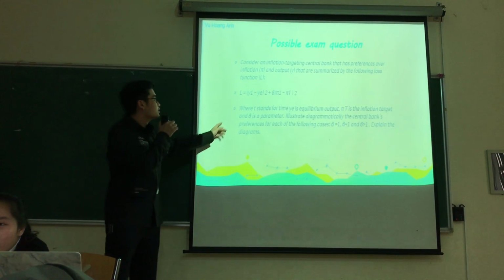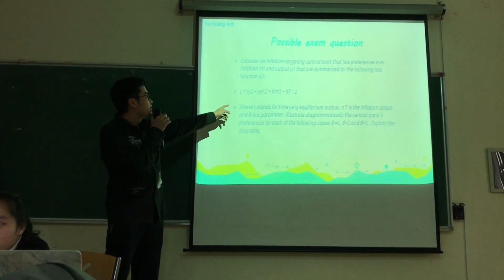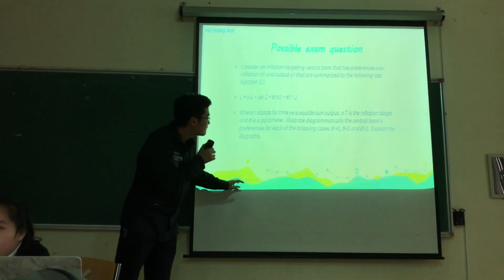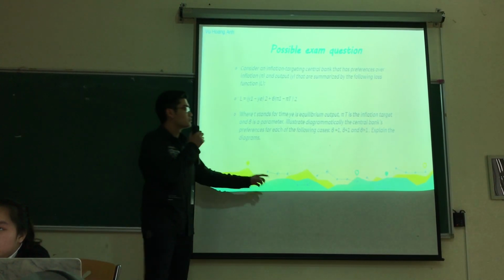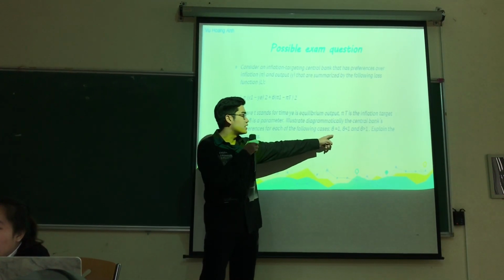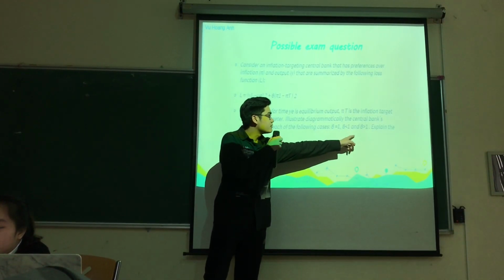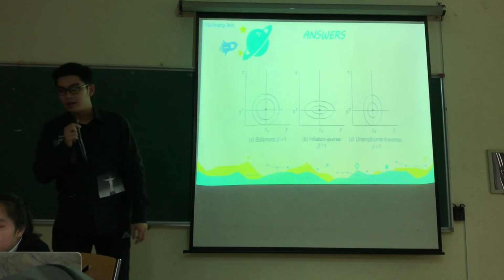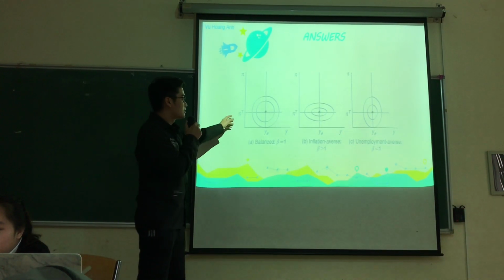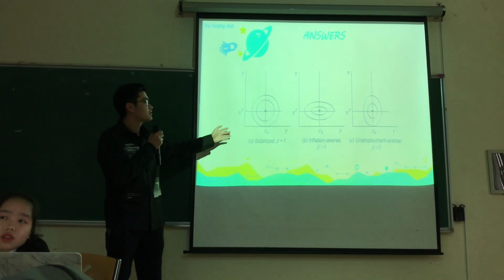We have the equation here. Then we must answer for three solutions: first, beta equals 1; second, beta is smaller than 1; and third, beta is greater than 1. Next slide, please. I have three diagrams that answer the question.